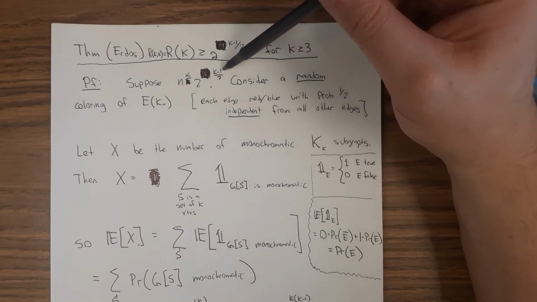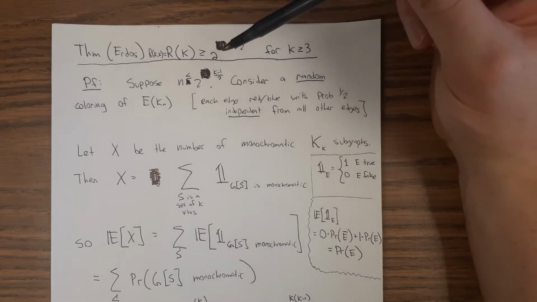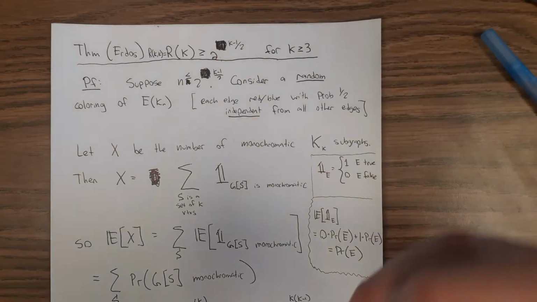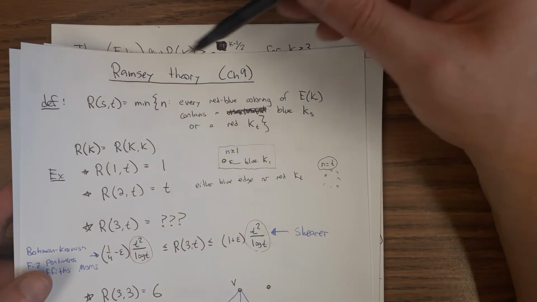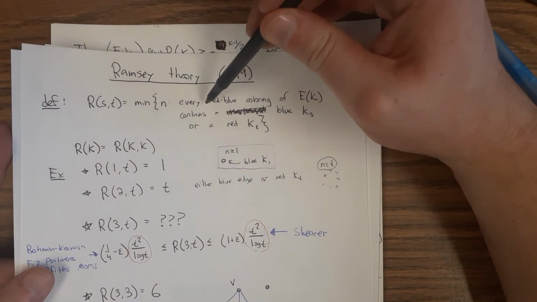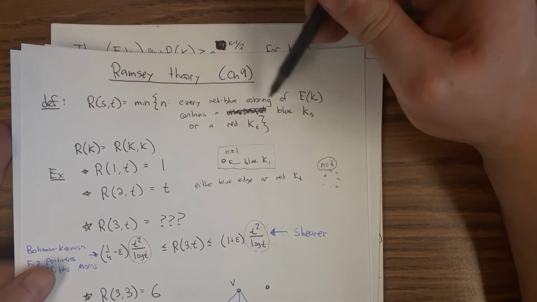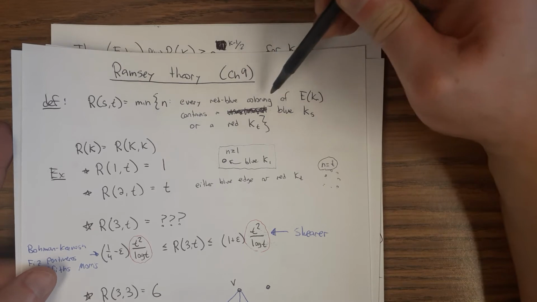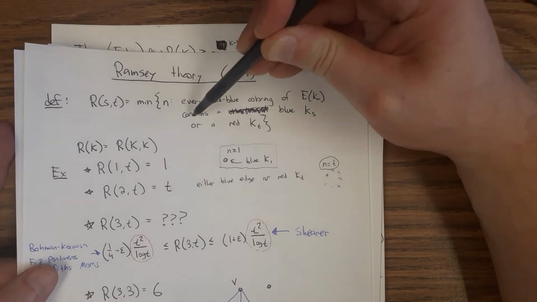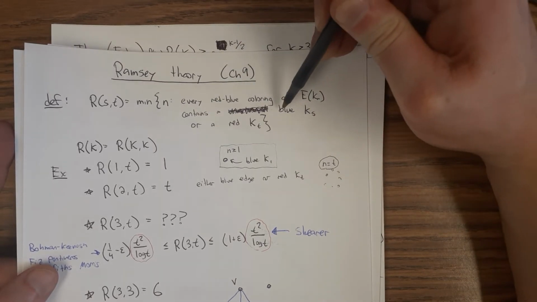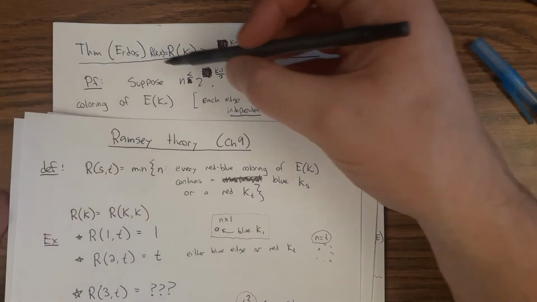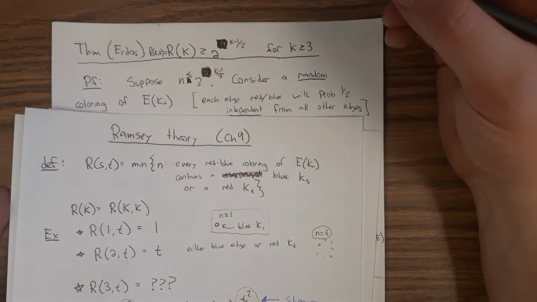I'm going to show that for such a value of n, there does exist a coloring. In other words, I'm showing that this value of n does not have the property. If I negate this, I get that there exists a red-blue coloring of the edges that does not contain a blue K_s or a red K_t, where s and t are both k.